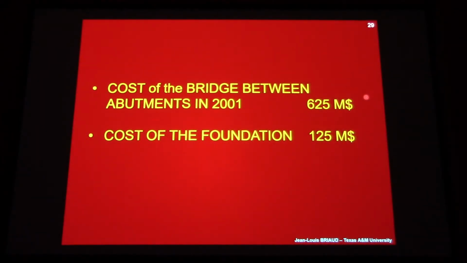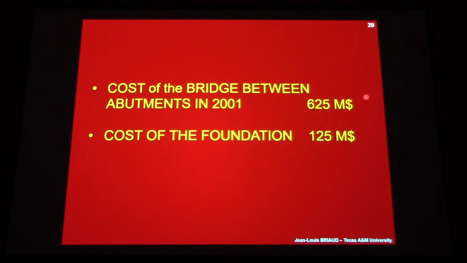One of the things that was interesting, so at the time, the cost of the project itself was $2 billion, but the cost of the bridge, because you have approach embankments and so on, the bridge between abutments was $625 million.